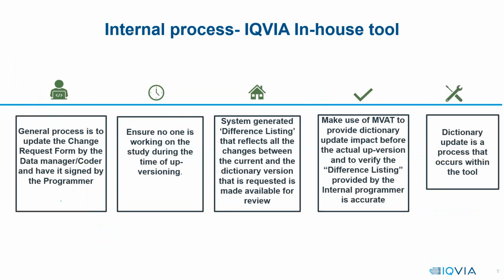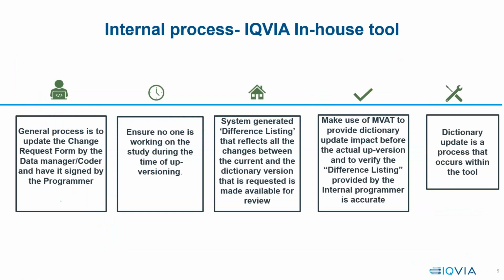And this will then be sent to the programmer and signed. Next, the programmer provides a system-generated difference listing. This difference listing reflects all the changes between the current and the new dictionary version, and it's made available for review, and this is reviewed by the data manager or the coder.